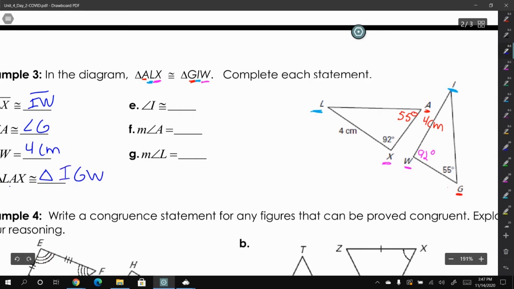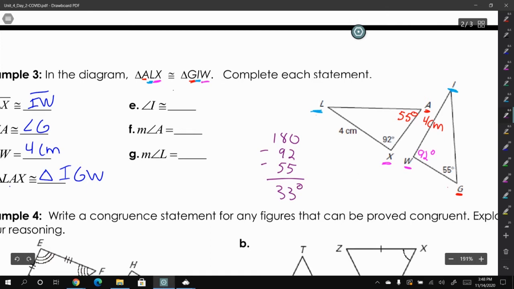Now angle I, we don't know what that is yet because there's nothing up here. However, we know the other two angles in the triangle, so we can calculate that angle. Let's say 180 minus 92 minus 55. So if I do that in my calculator, I'm going to get 33.